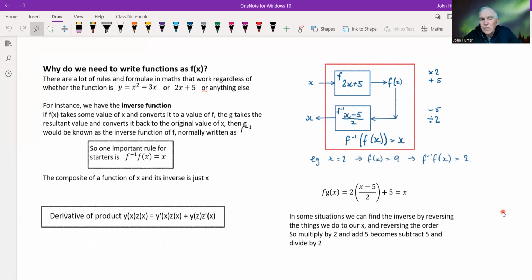So perhaps we can think of the idea that in your early years maths, it's all about numbers, isn't it? We deal with numbers, and then as we advance, we're interested in unknowns and variables, and we have lots of rules that apply to how we deal with unknowns, how we solve equations, for instance, things like that.